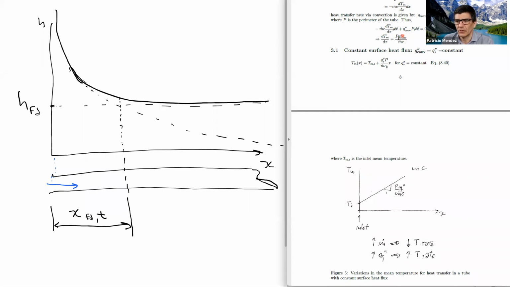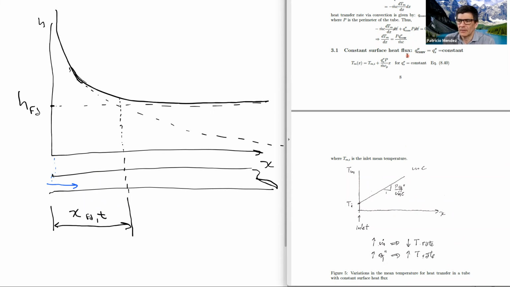So all these other terms are constant. Therefore, the derivative is a constant. That means the curve will be a straight line. And here we would have the straight line that says the fluid comes in at Ti, the inlet temperature, and the fluid keeps increasing its temperature as it goes downstream. Right? That's what this general equation that comes from week 4 of class tells us in this case.